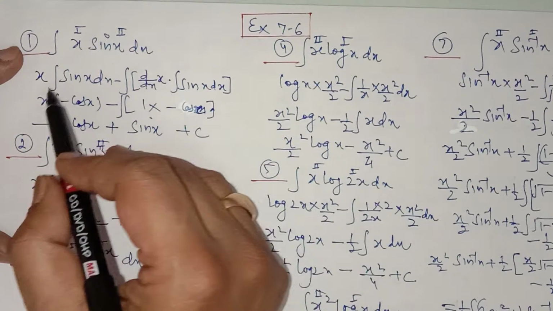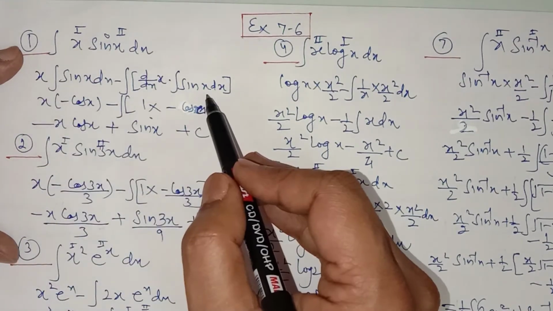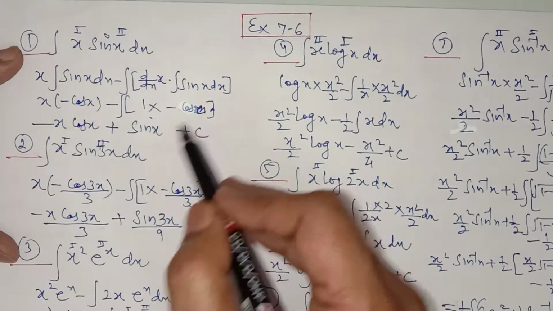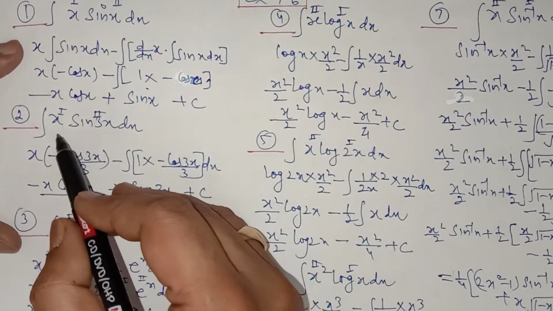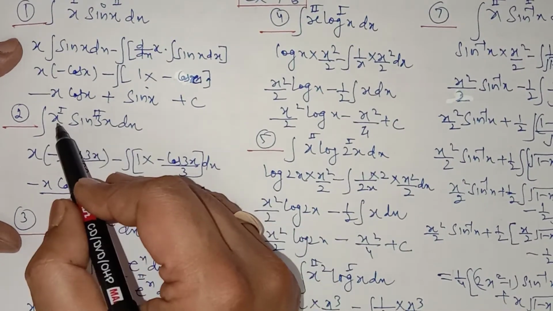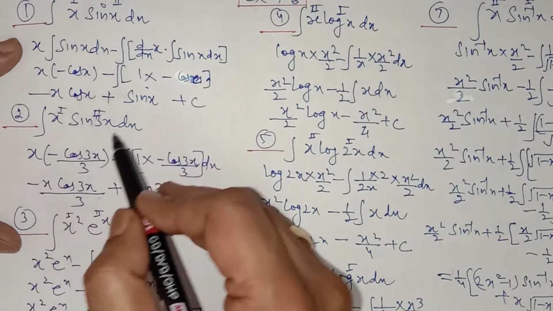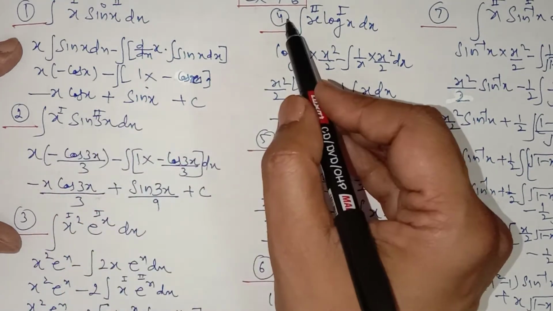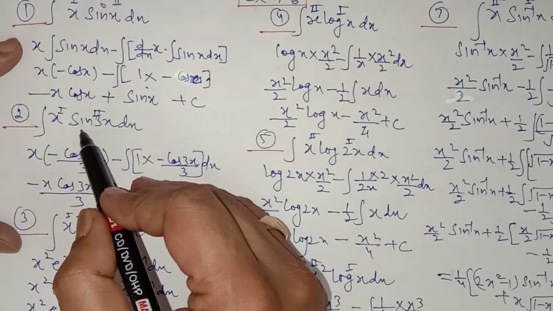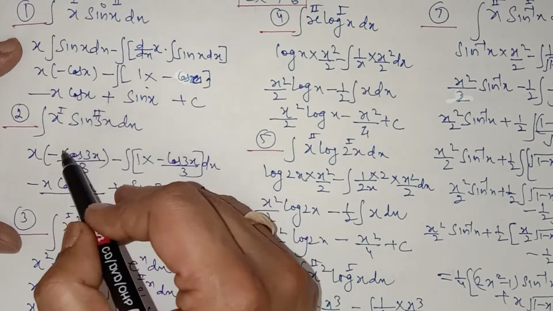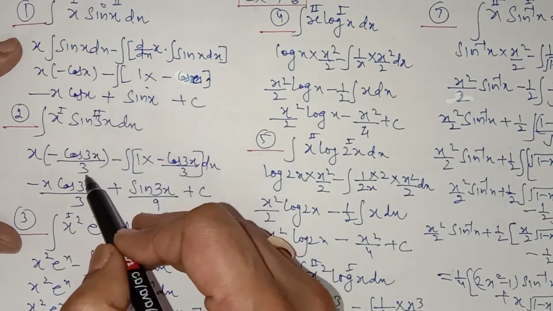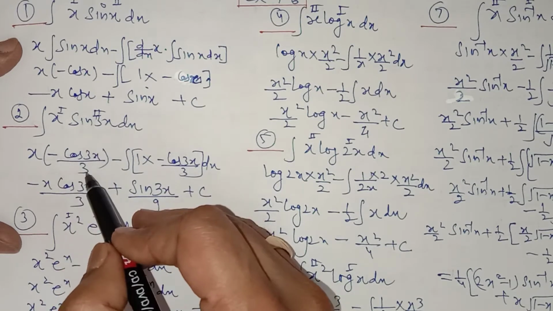So you can avoid this step, then it will be easy for you, as I have done in question number 2. Algebraic, trigonometric: algebraic first, trigonometric second. The first function as it is, times the integration of sin 3x. When you are doing the 7.6 exercise, it means you can integrate sin 3x directly. It is minus cos 3x divided by the derivative of 3x, which is equal to 3. So minus cos 3x upon 3.